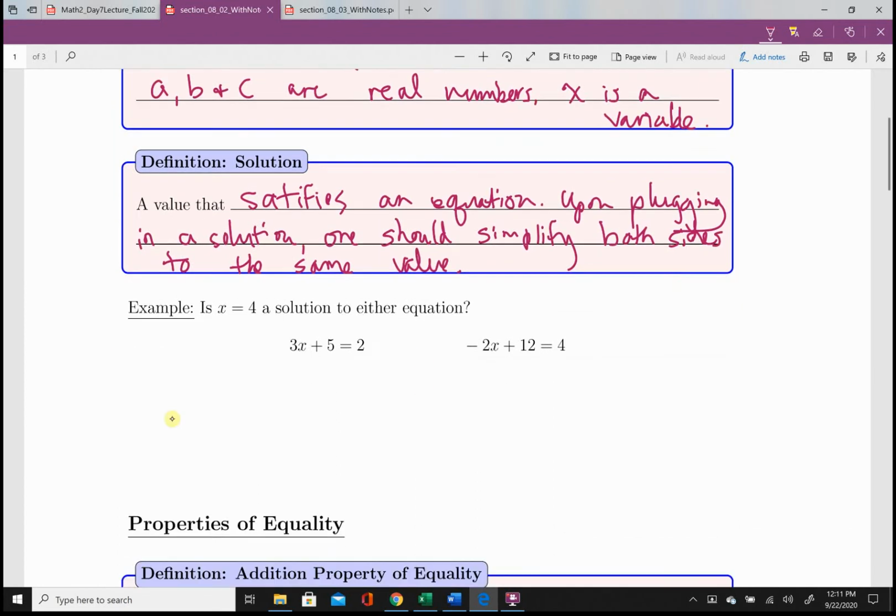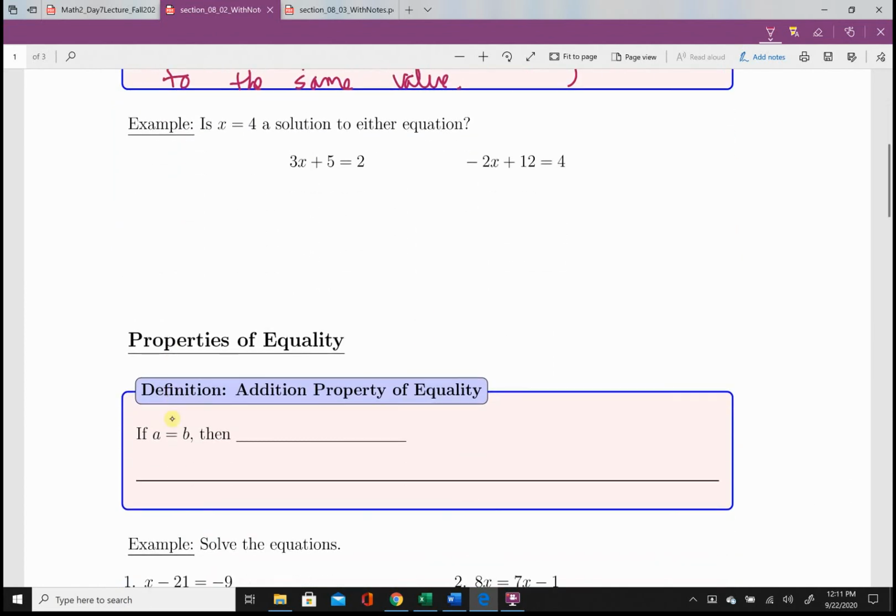Okay, so we're asking, is x equals 4 a solution to either equation? Let's start with this one first. So in order to investigate this, we're going to plug in a 4 every time we see an x. So the first thing we're going to do is multiply that 4 by 3 and then add 5. And we're going to ask, is it equal to 2? You don't have to have the question mark above your equal sign, but it can be a good way to remind yourself that you're not really sure if this is equal, we're investigating if it's equal or not. Okay?